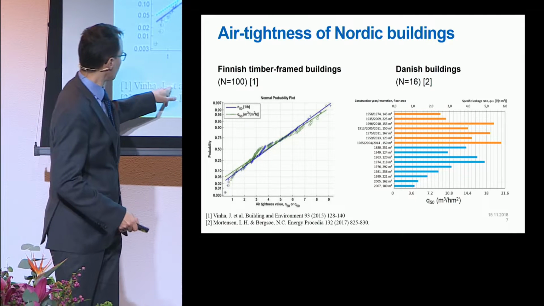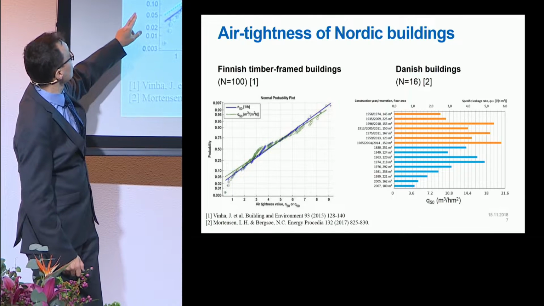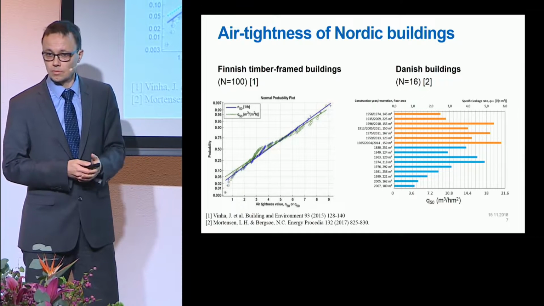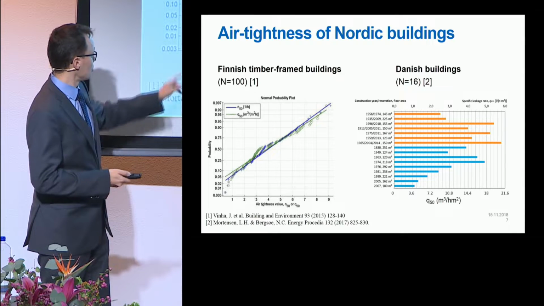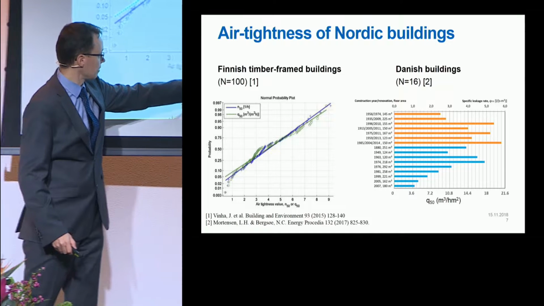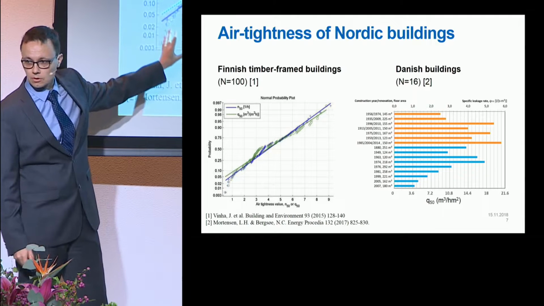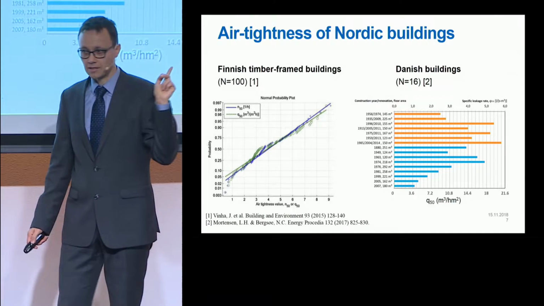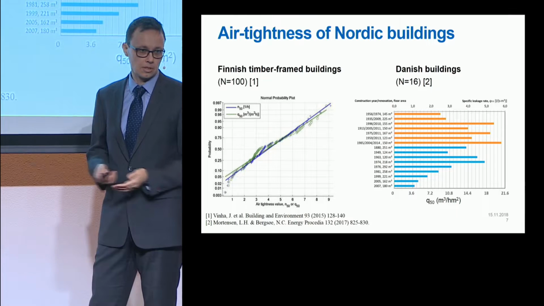In a study by Juha Vinha from the Tampere University of Technology, they looked at about 100 different timber frame buildings, normal, mostly single family houses, and they observed that the air tightness values now given either as N50 or Q50 range from something below 1, which is the kind of the target level, up to about 10. So there's a factor of 10 variability in how airtight the buildings actually are.